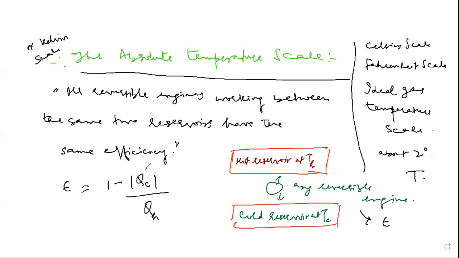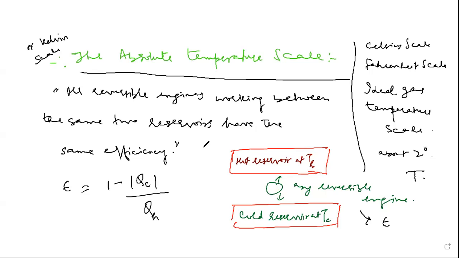The amount of heat rejected by the engine in one cycle to the cold reservoir, and QH is the amount of heat absorbed by the engine per cycle from the hot reservoir. Now we keep this QC in modulus because our convention is that heat rejected is taken as negative and heat absorbed is taken as positive, but we are only taking the modulus of the heat rejected, the absolute value, right?